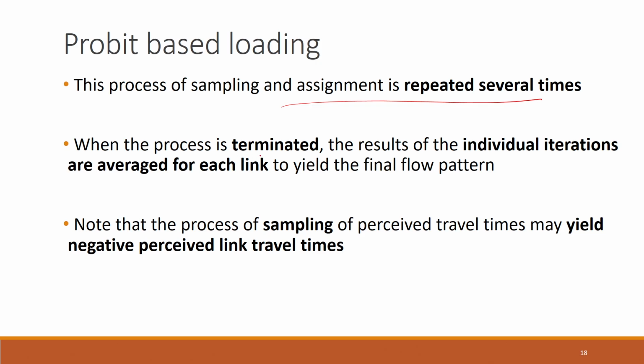And how many iterations of the Monte Carlo we should do depends upon when we think that by doing further iterations we are not seeing a change in, say, the average link flow. It is also possible that the sampling of these perceived travel times might yield negative values, because these link travel times are coming from a normal distribution, and a normal distribution also takes negative values.